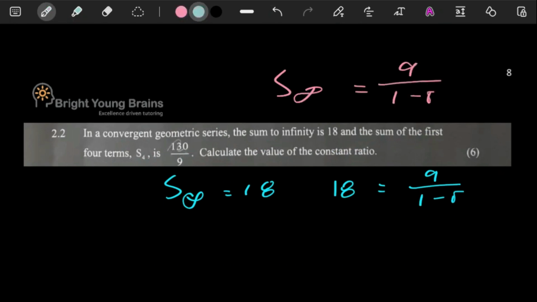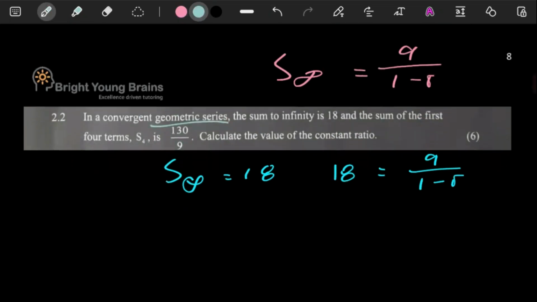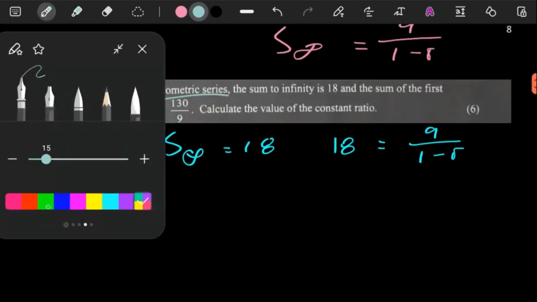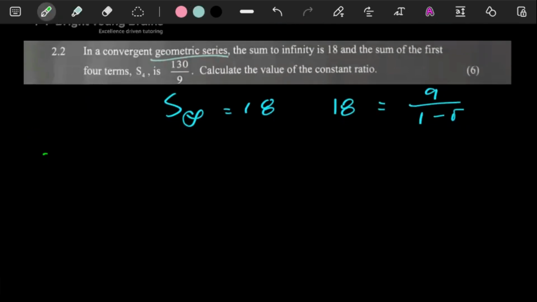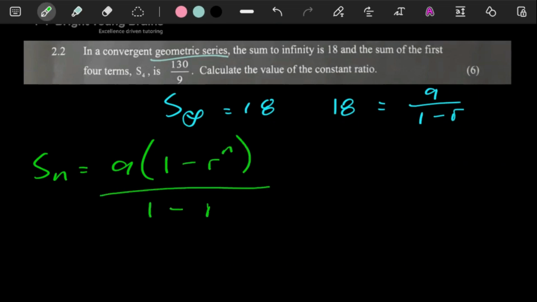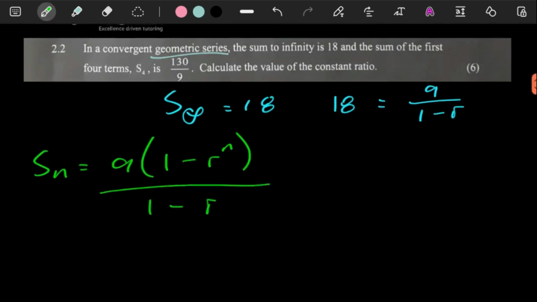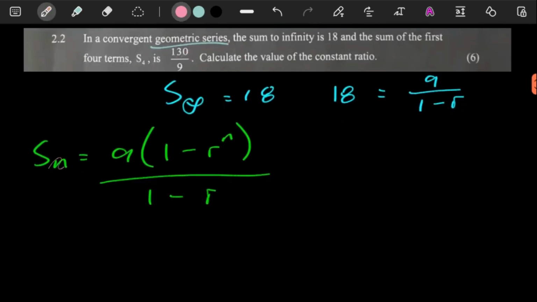Since you're dealing with a convergent geometric series and they gave you the sum of the first 4 terms, Sn is equal to, since it's convergent, you may want to use this version of your formula: a times 1 minus r to the power of n, over 1 minus r. S4, the sum of the first 4 terms, is 130 over 9.